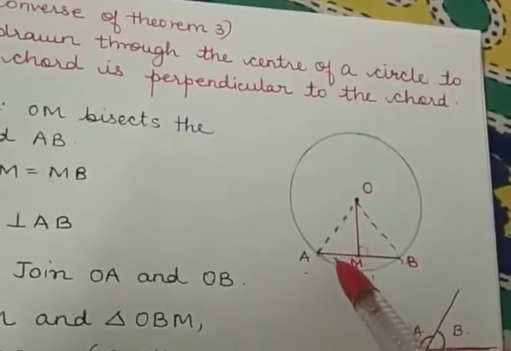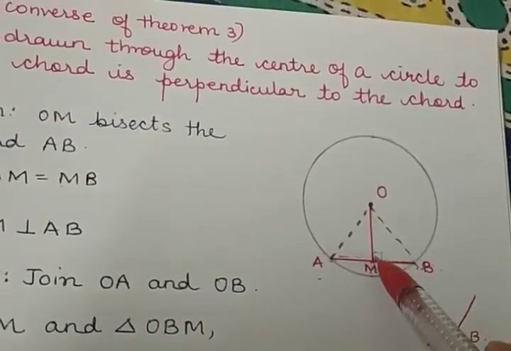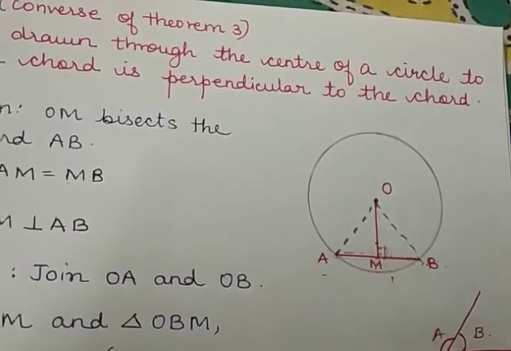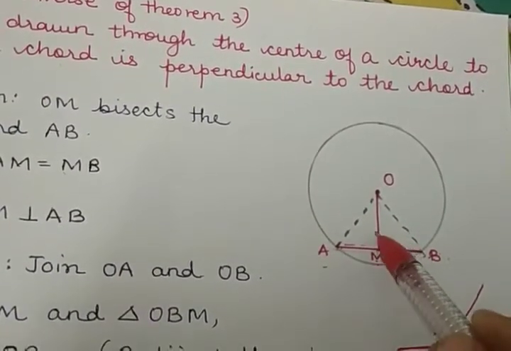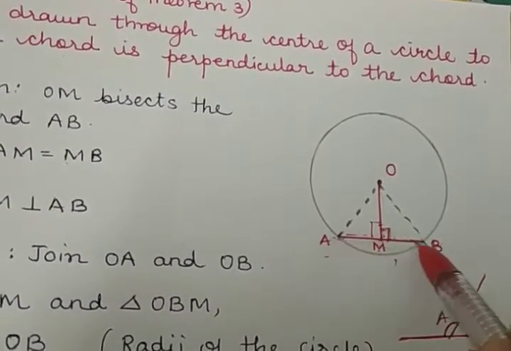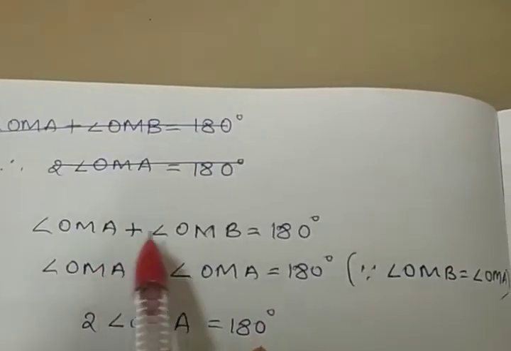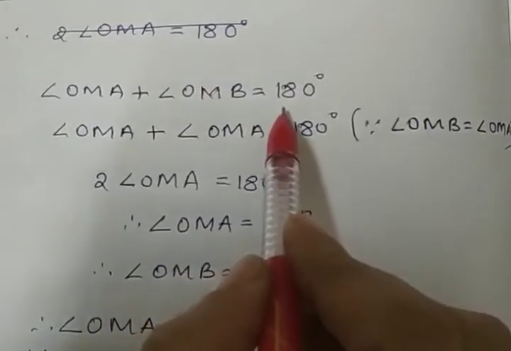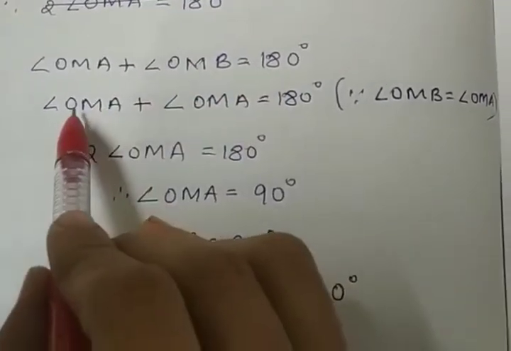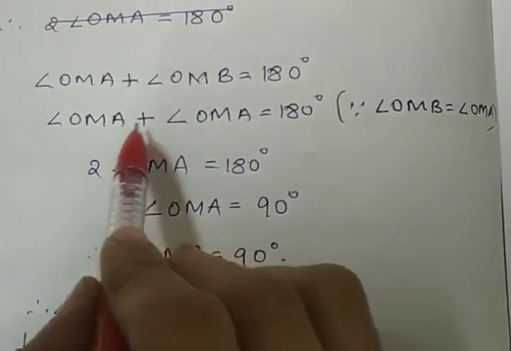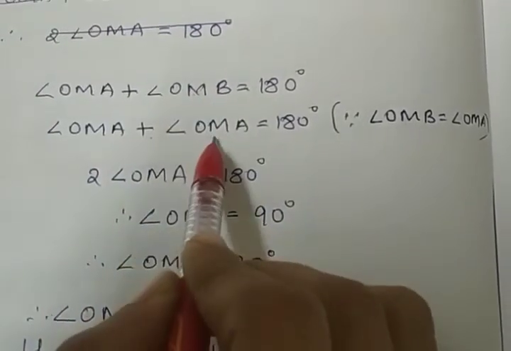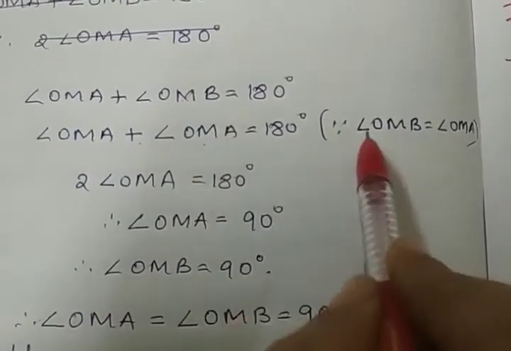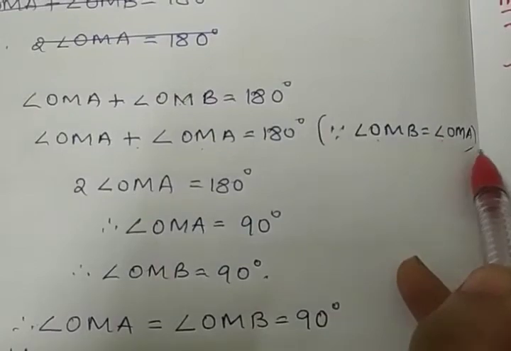Similarly you have a line here. So this angle plus this angle should give you 180 degrees because they form a linear pair. So you know angle OMA plus angle OMB is 180 degrees. Now I can write OMB as OMA, because OMB is equal to OMA.